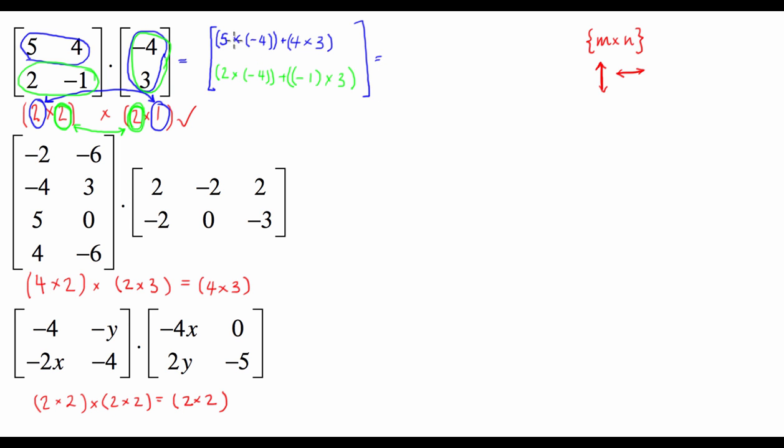So let's work this out. We've got 5 times -4 is -20, plus 4 times 3 is 12. And we have 2 times -4 is -8, plus -1 times 3 is going to be plus -3, or just -3.